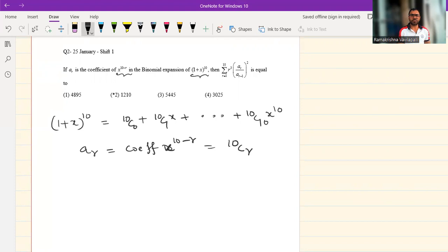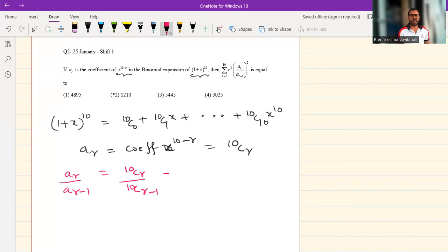Now we need to find what is A_r/A_(r-1). So A_r/A_(r-1) equal to 10Cr/10C(r-1).